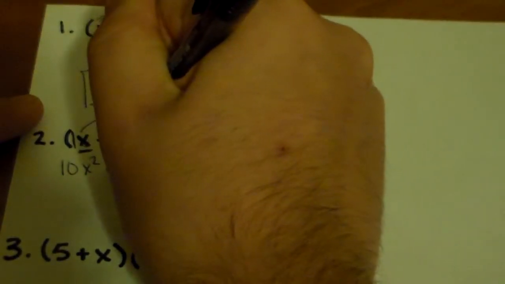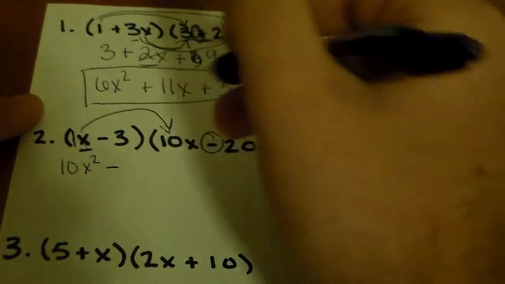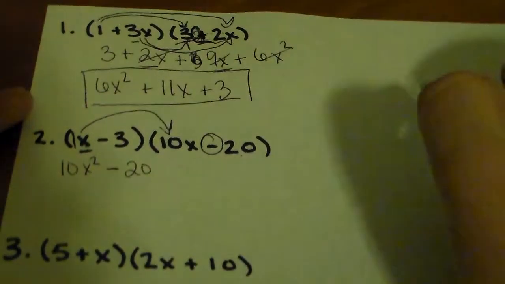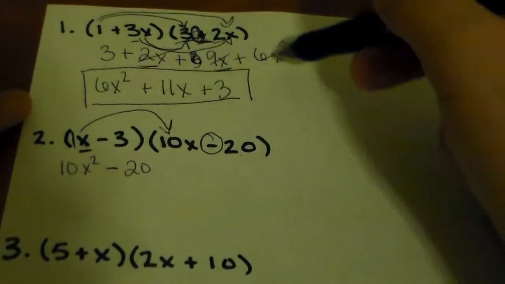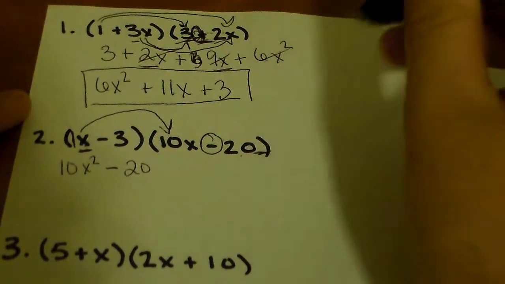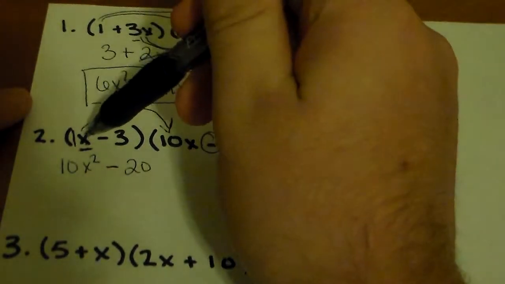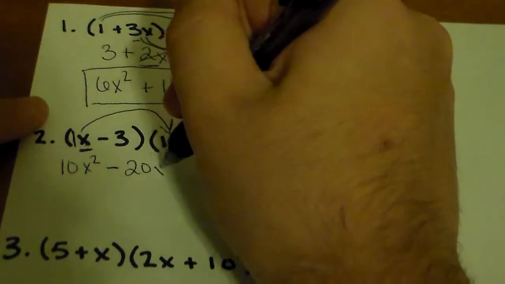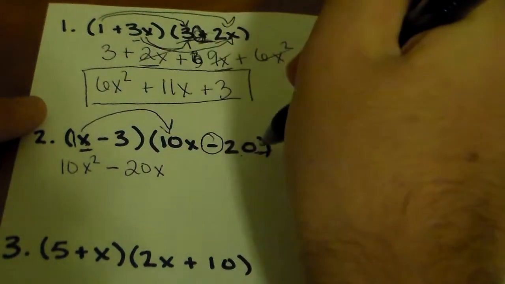We'll now use a minus sign. So it'll be 10x squared minus 20. Now, like I said earlier, since there's no term behind this 20 here, you just bring the x down. So it's basically x times 1.